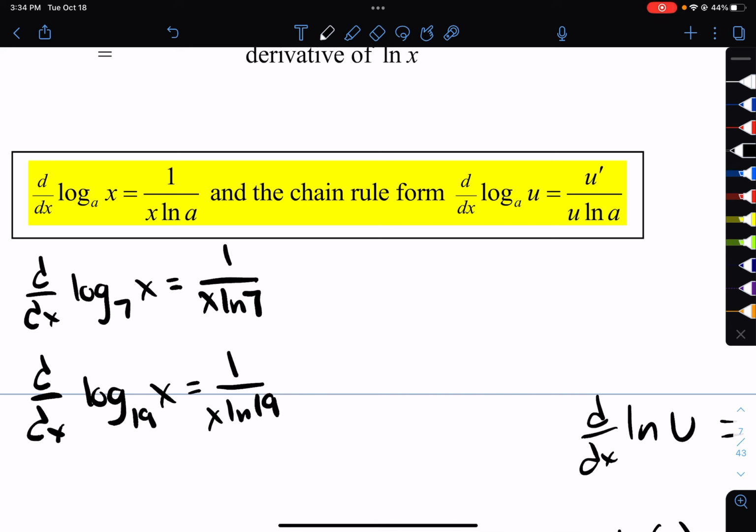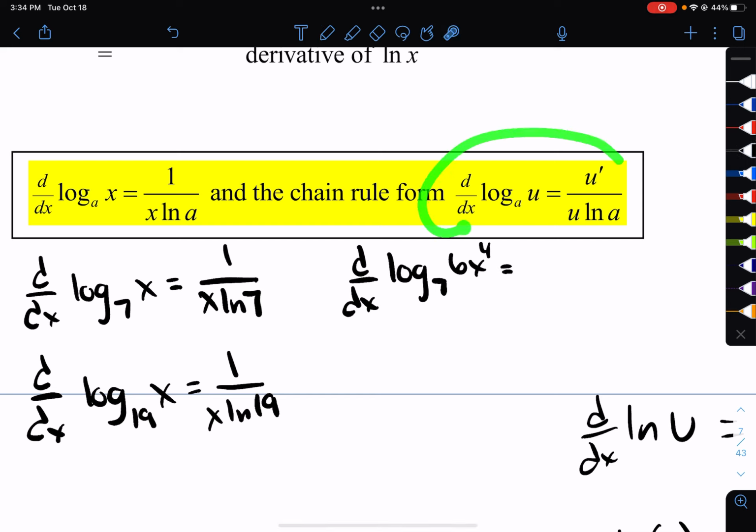But of course, sometimes it's not just log base 7 of x. Sometimes it wants me to take the derivative of log base 7 with 6x to the 4th power up top. And I have a formula for that. It tells me that if this number right here is not just your regular x, we've got to do a little bit different formula.